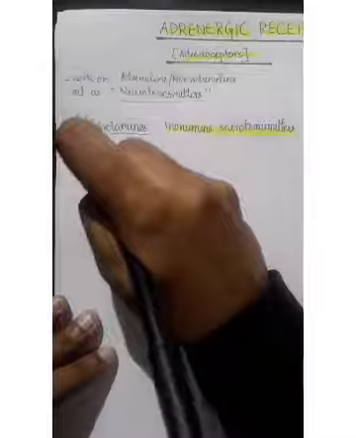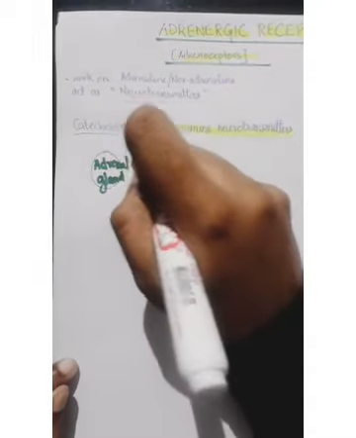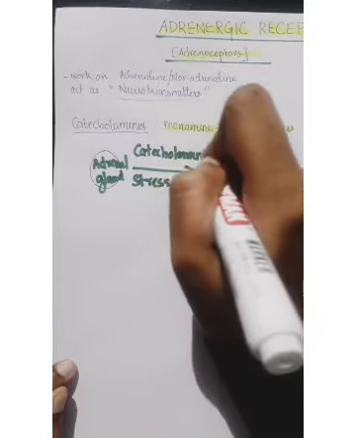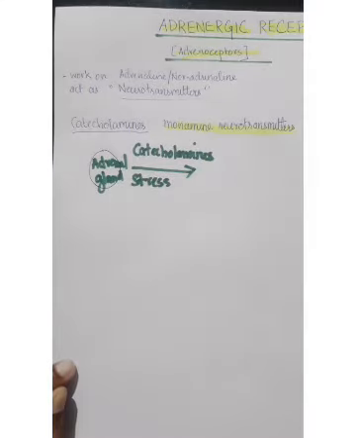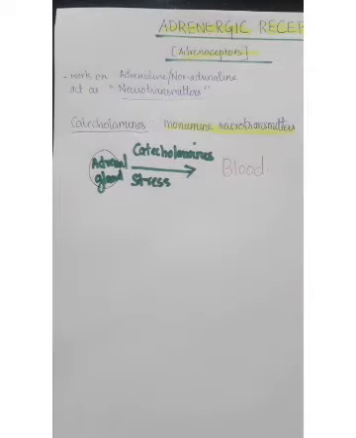During a stress condition, the adrenal gland produces hormones called catecholamines into our blood, when we are physically or emotionally stressed, that is, when the body responds to stress or fight conditions.